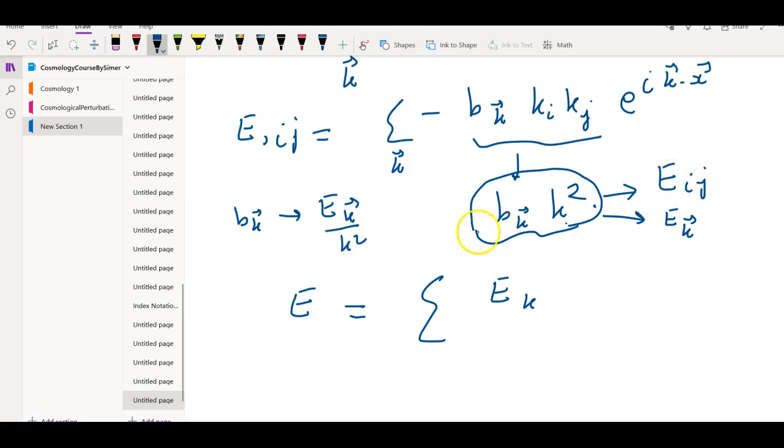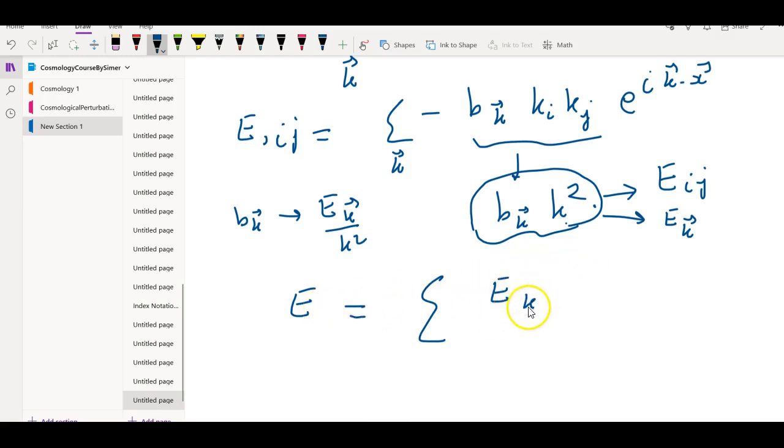Because if you write bk like this, now ek will have the same dimension as Eij, because bk k square is equivalent to ek and bk k square is equivalent to Eij.